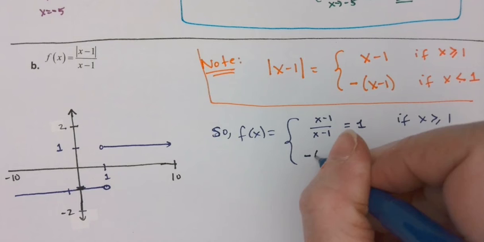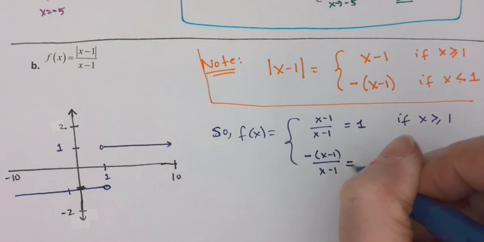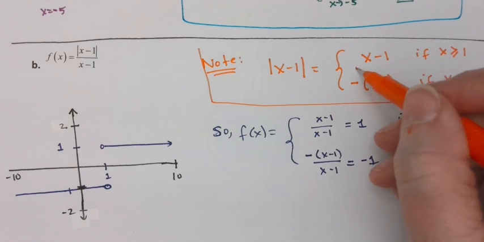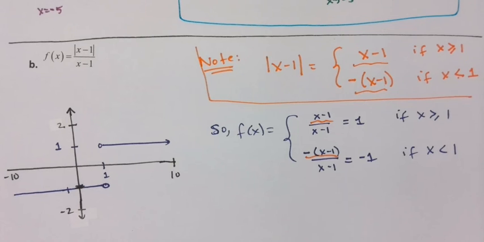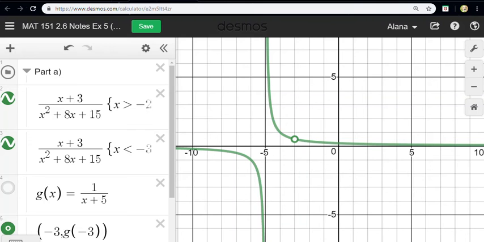And it's negative (x minus 1) over (x minus 1), which would be -1, if x is less than 1. Right? I'm just using this definition of the absolute value right here to create my numerators. And I'm correct, right? So this is -1 here, this is 1 here. And if you don't believe me, Desmos will back me up, I swear.